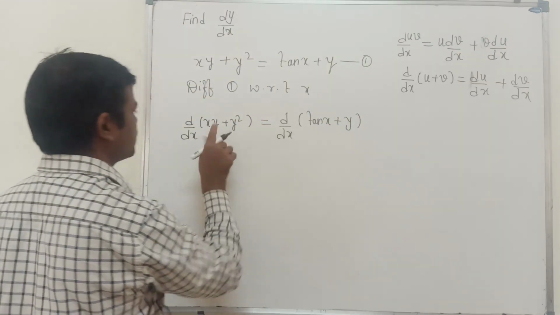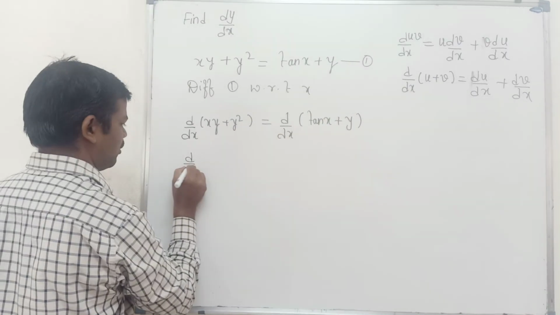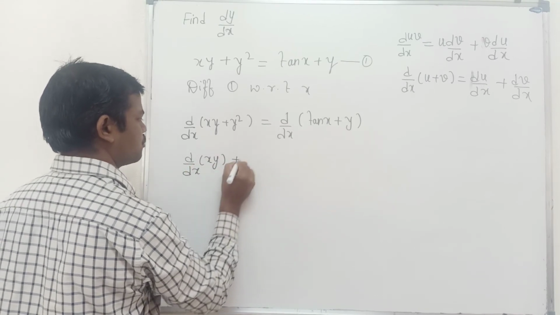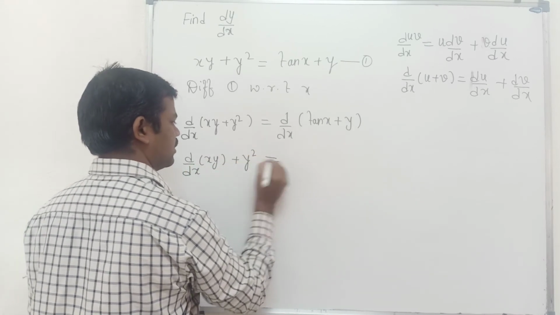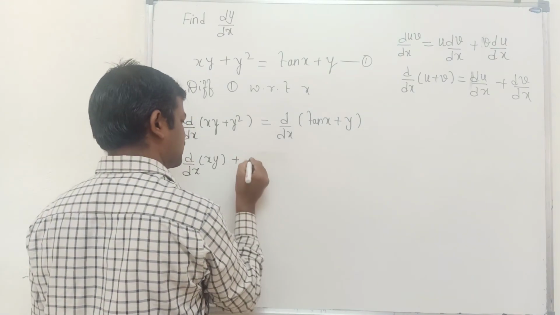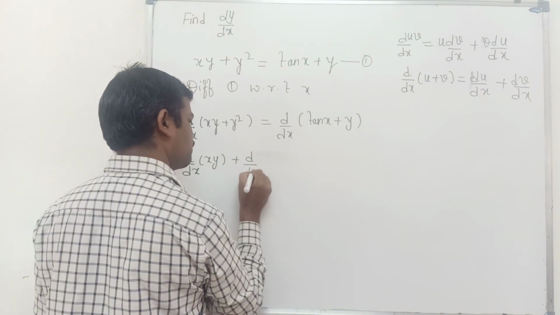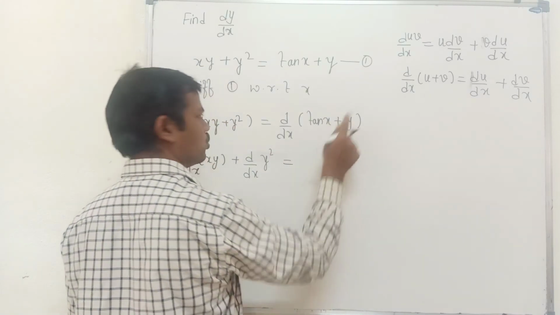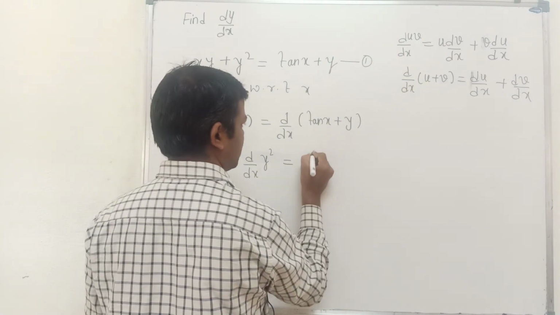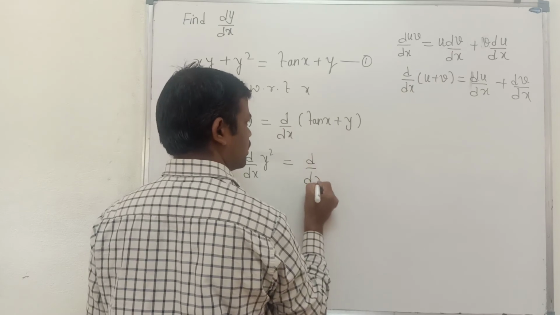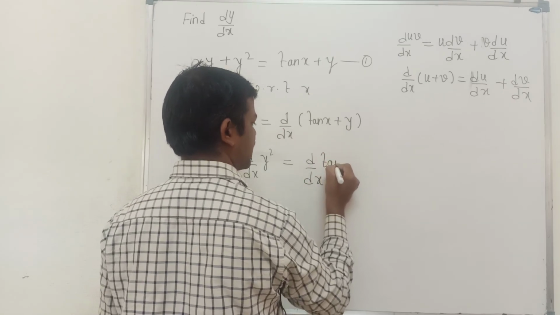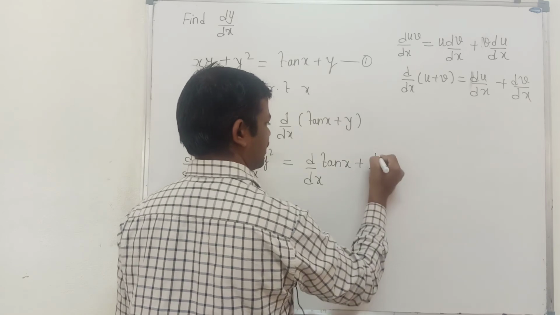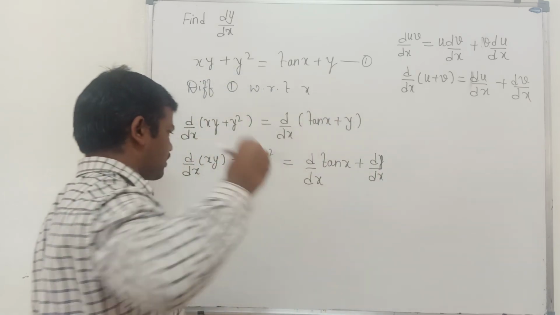So by the sum rule, the derivative of xy plus the derivative of y square is equal to the derivative of tan x plus the derivative of y, which is dy by dx.